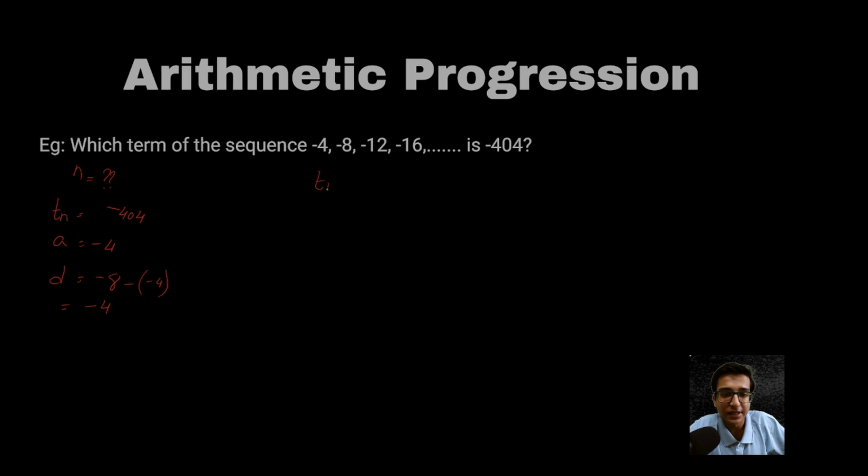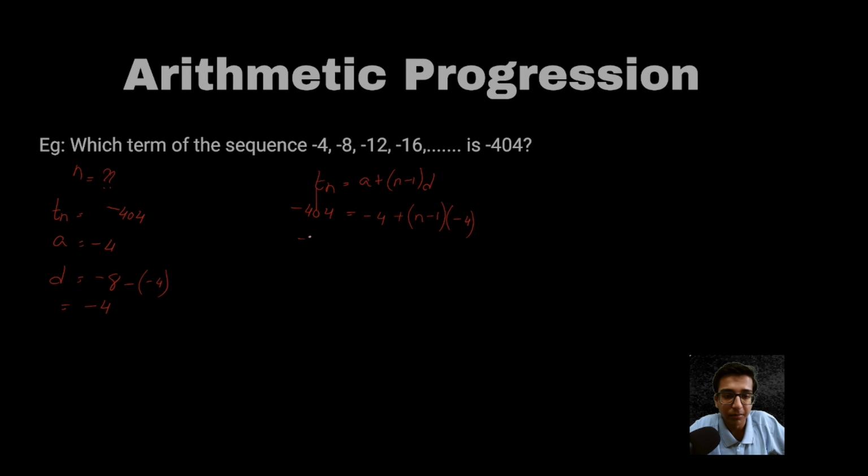So again, using the same formula, A plus (n minus 1)D, Tn is minus 404, A is minus 4, n is an unknown variable we need to find, and D is minus 4 again.